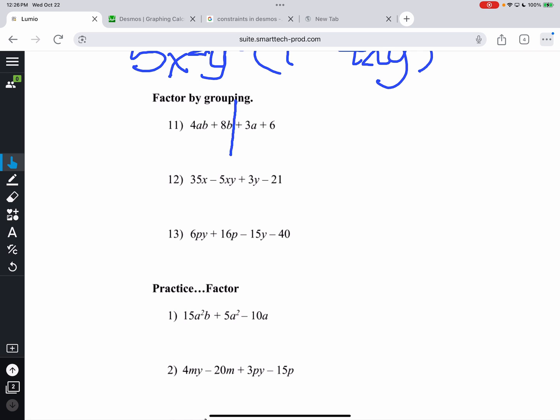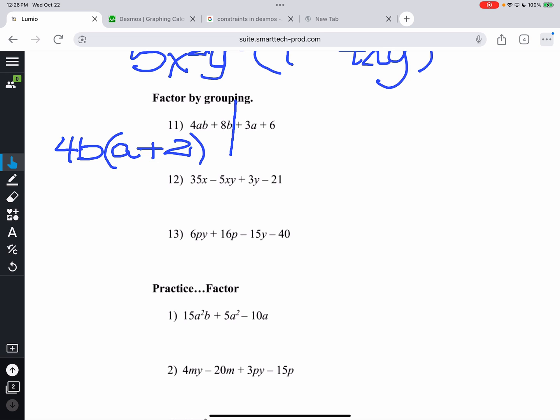So what would be our greatest common factor for the first binomial? 4b. Don't forget your variables. All right, then what's left behind? 1a plus 2. Anybody have a question about how we came up with that?